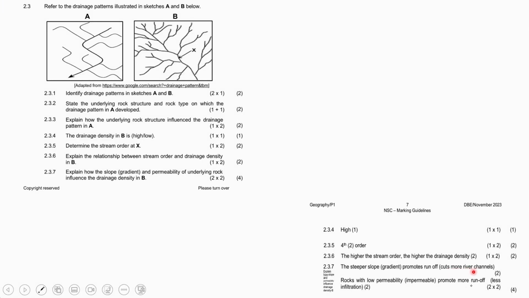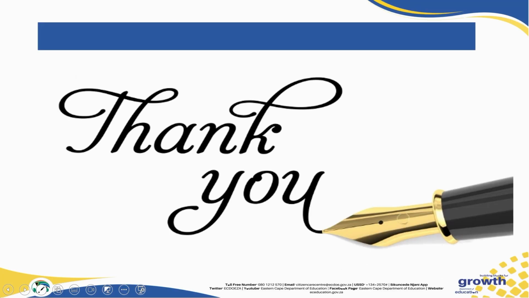It cuts more river channels. And in terms of permeability, rocks with low permeability, meaning they are impermeable, they don't allow water to pass through, have got more runoff. More runoff, the higher the drainage density.